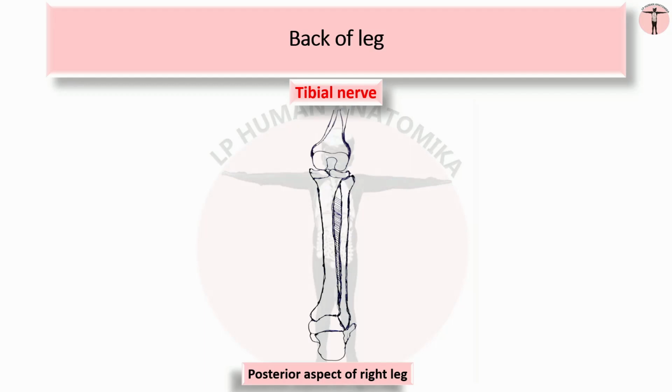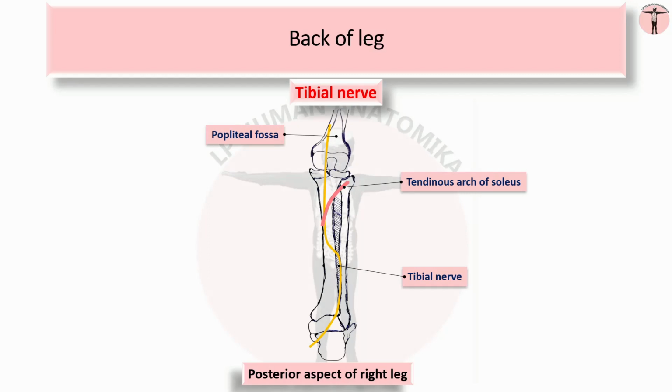Tibial nerve. The tibial nerve is the larger terminal branch of the sciatic nerve, arising in the lower third of the back of the thigh. It descends through the popliteal fossa, enters the back of leg deep to the tendinous arch of origin of soleus along with posterior tibial vessels.